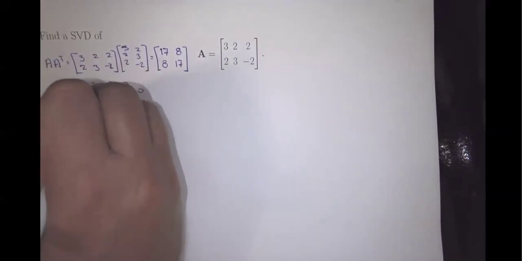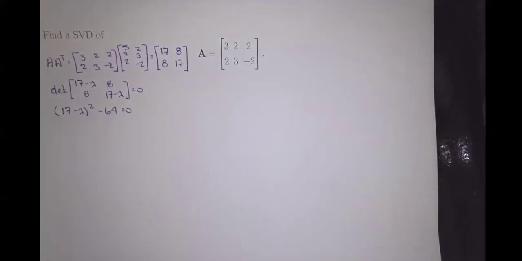Okay, and because we've gone A A transpose rather than A transpose A, that gives us a 2x2 rather than a 3x3 to work with. So our eigenvalues we get from the determinant of A minus lambda I. So that's the determinant of 17 minus lambda, 8, 8, and 17 minus lambda. So we have 17 minus lambda squared minus 64.